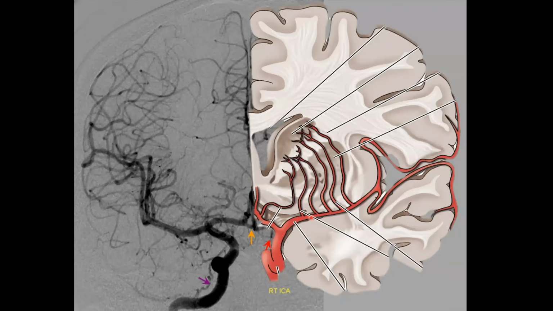M1 gives off the lenticulostriate arteries, and then it comes into the Sylvian fissure, and it has the Sylvian segment, the M2 segment, the M3 is the opercular segment, and then up here, M4, we have the cortical segment. So the MCA is a hugely important vessel for cortical supply.